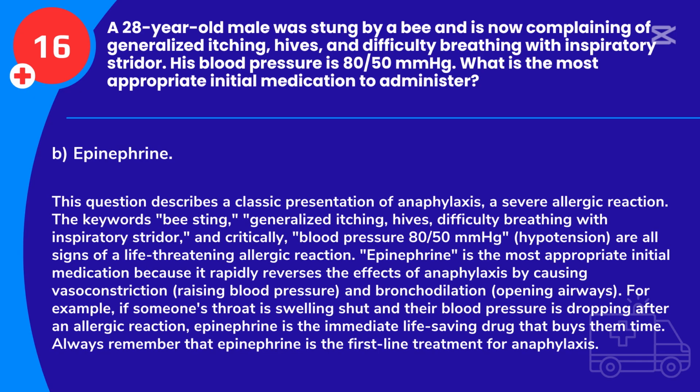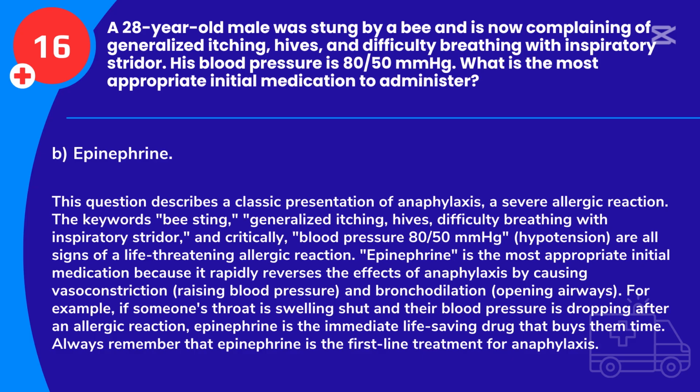Answer: B. Epinephrine. This question describes a classic presentation of anaphylaxis, a severe allergic reaction. The keywords bee sting, generalized itching, hives, difficulty breathing with inspiratory stridor, and critically, blood pressure 80/50 mmHg, hypotension, are all signs of a life-threatening allergic reaction.